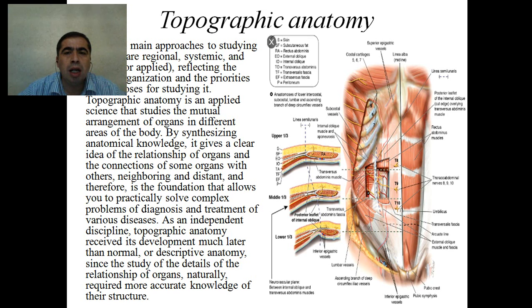It means that this subject is closer to the clinic because it studies the parts of the body with all structures of the concerned region, with bones, muscles, of course the fascia. The last one is very important in topographic anatomy, nerves, nerve trunks, and also great and small vessels.